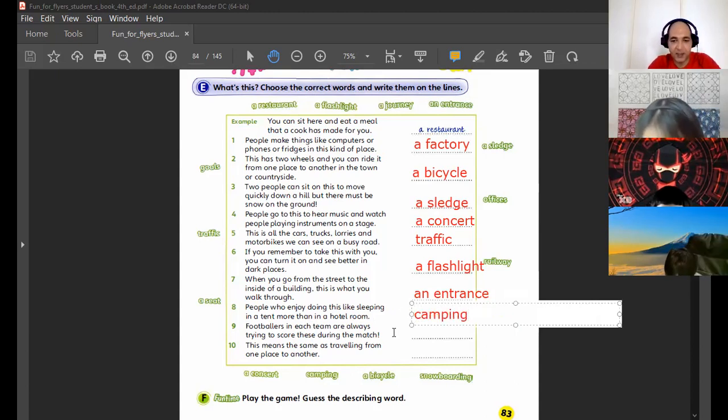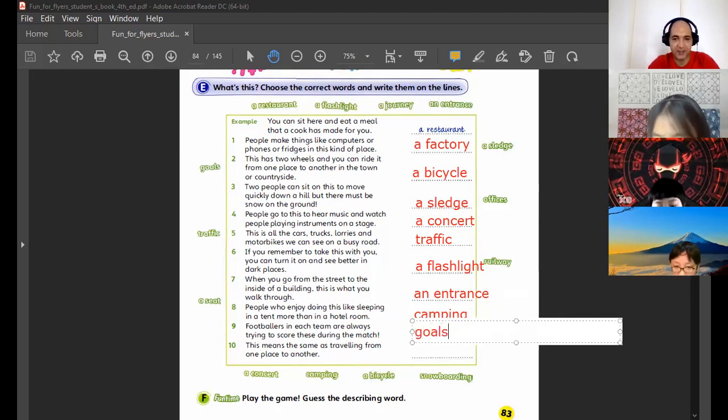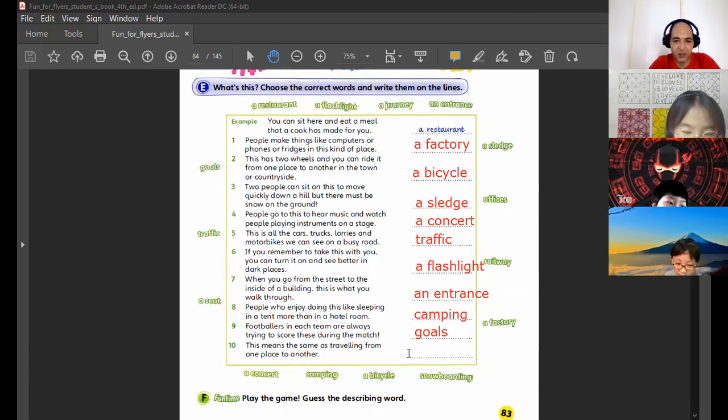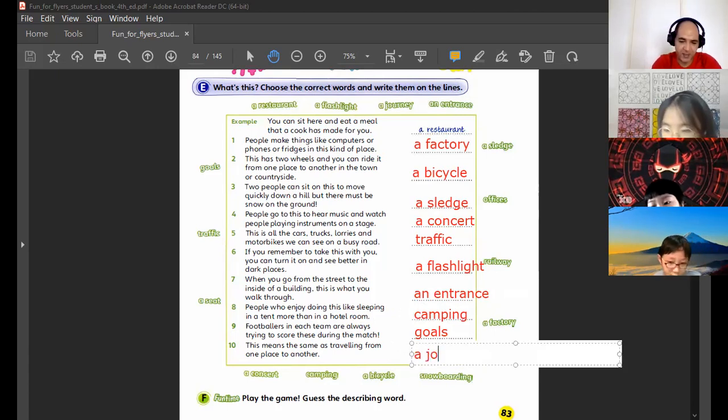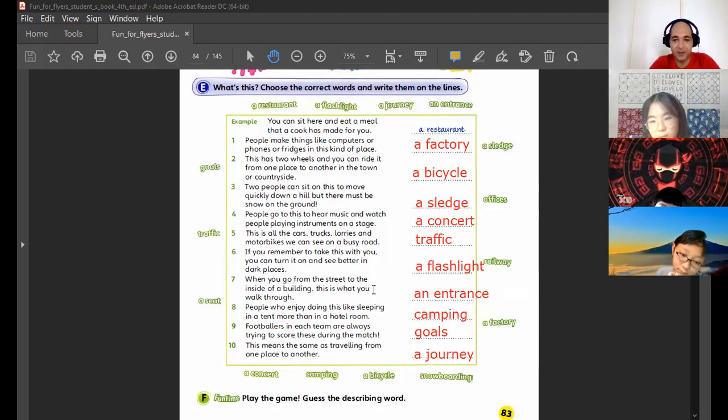Yes. Number 9. Footballers in each team are always trying to score these during the match. Goals. Yes. And the last one. This means the same as traveling from one place to another. Yes. Journey. A journey.